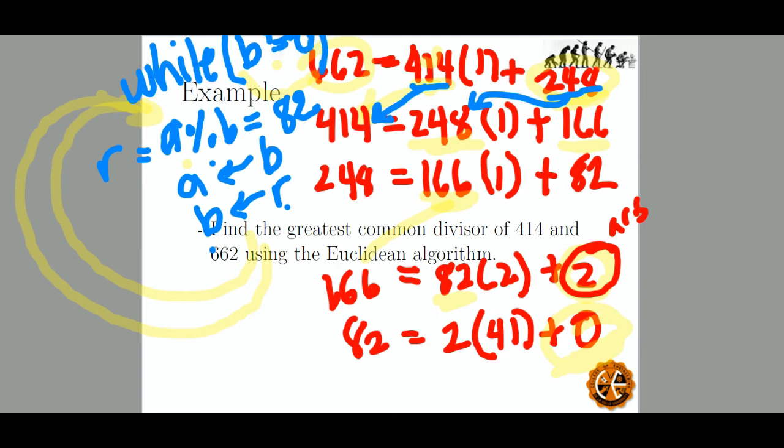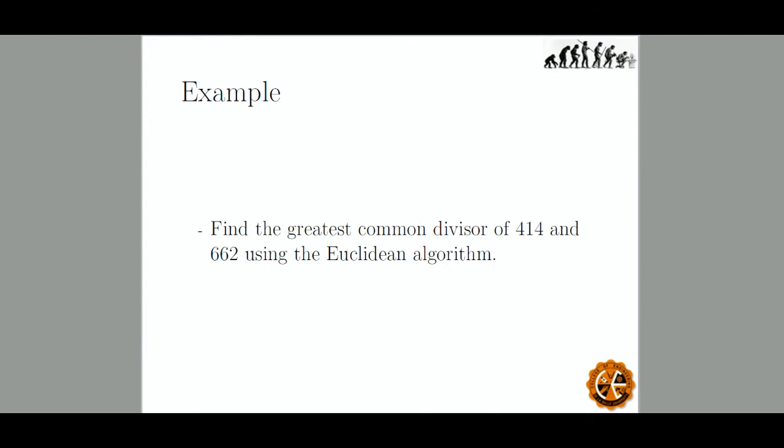So while b is not 0, we will still perform the modulo, getting the remainder, assignment, and putting the remainder to b. This can be summarized in the following pseudocode.